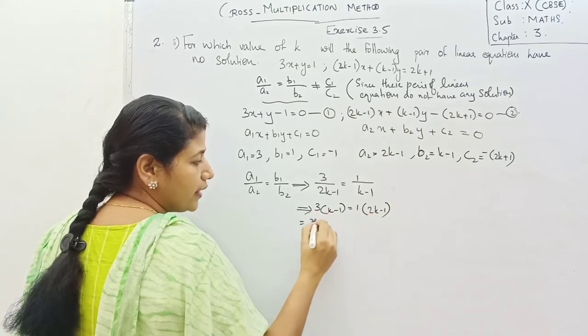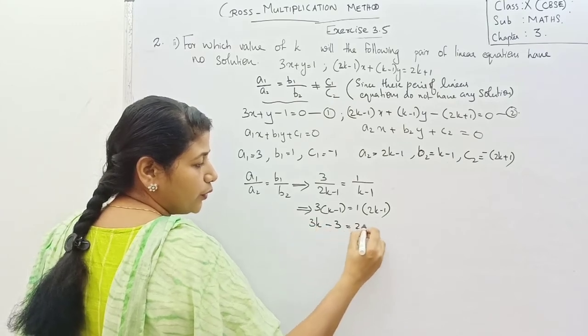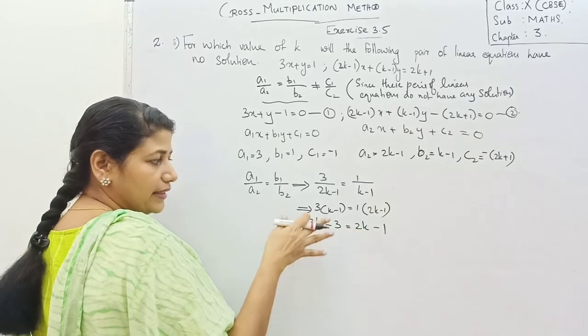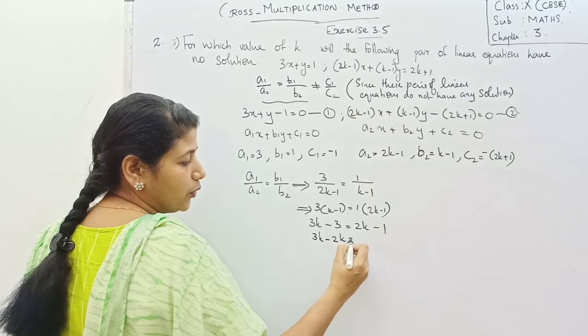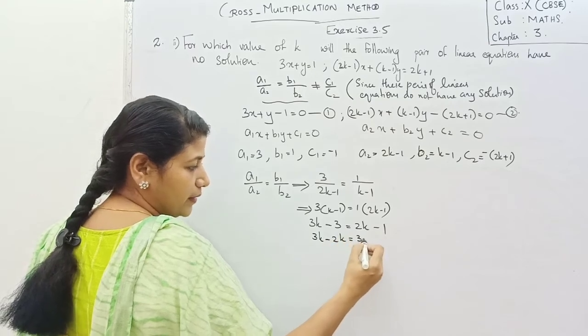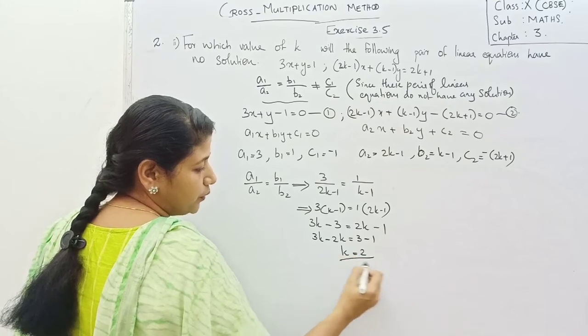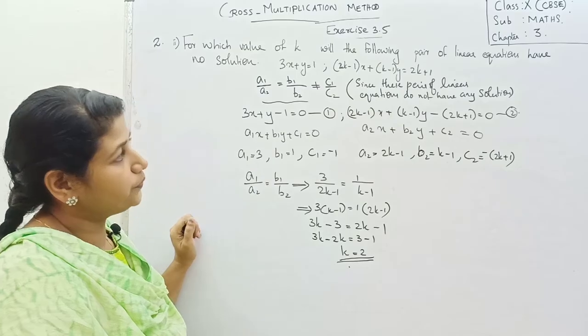This is 3k minus 3 equal to 2k minus 1. Take this 2k to this side and this negative 3 to that side. You will get 3k minus 2k equal to 3 minus 1. So k equal to 2. So the value of k is 2.